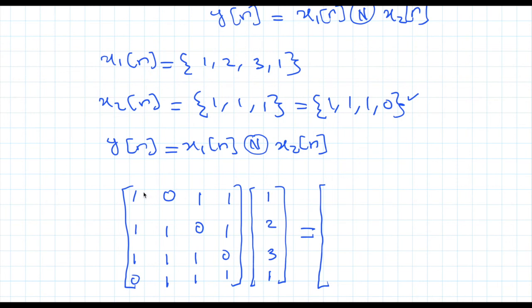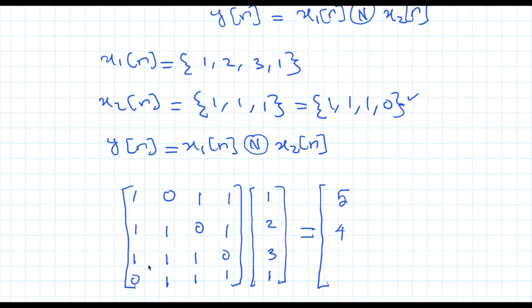Now we have to multiply these values, and if you do the multiplication, you will have 1 into 1 plus 0 plus 3 plus 1, so this value would be 5. Then you have 1 plus 2, then 0, then 1, so you have 1 2 1, and 1 plus 2 plus 1 would be 4.